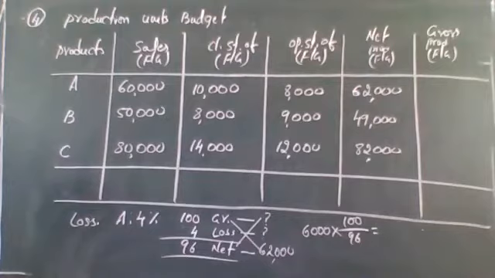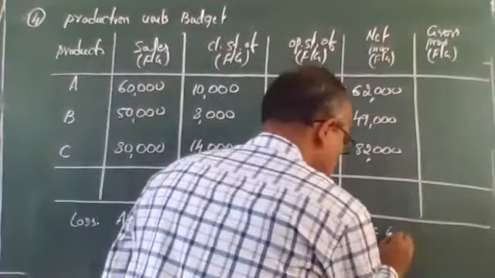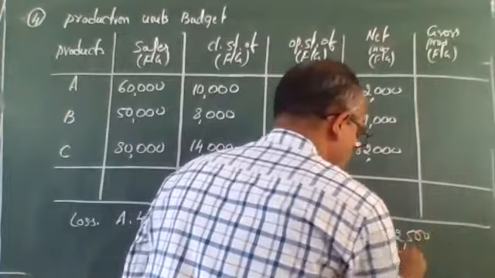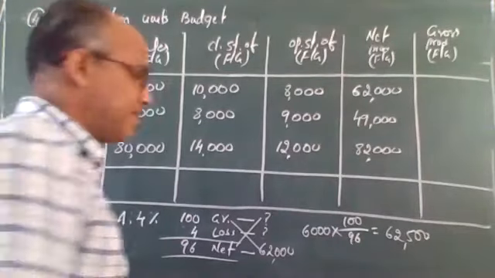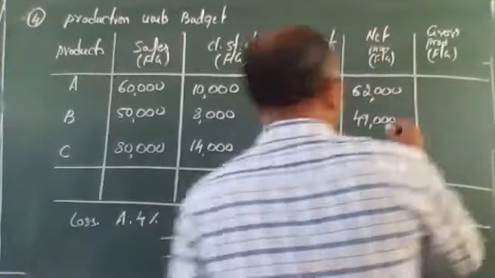Let me calculate this. It is 60,000 units into 100 divided by 96. It's giving 62,500 units. We don't have the answer given there, but this is how it is calculated.